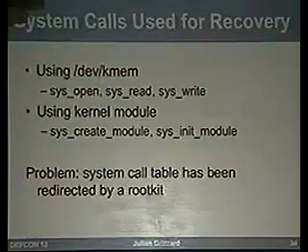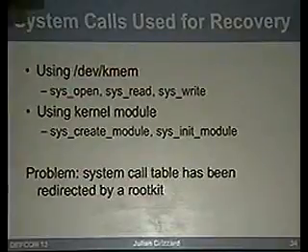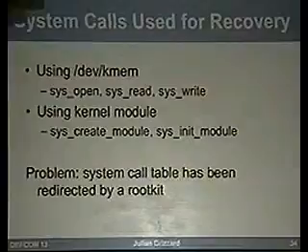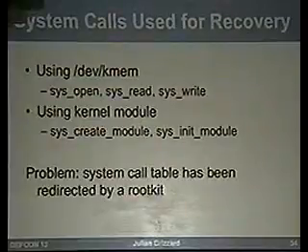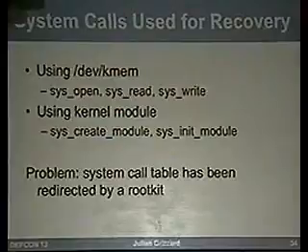Okay, so back to our gentleman's question. Okay, so it turns out if you use /dev/kmem to modify the kernel, as I do with my recovery tools, or even if you use a kernel module to do the recovery, either one of these approaches relies on system calls to do the recovery.